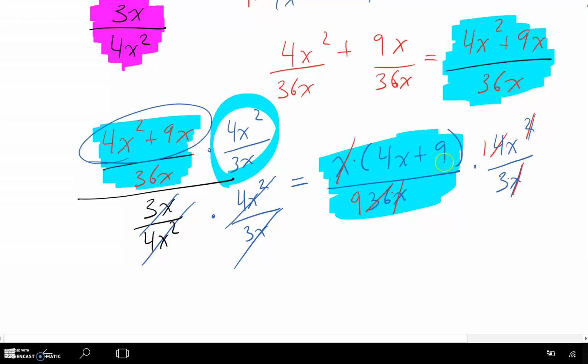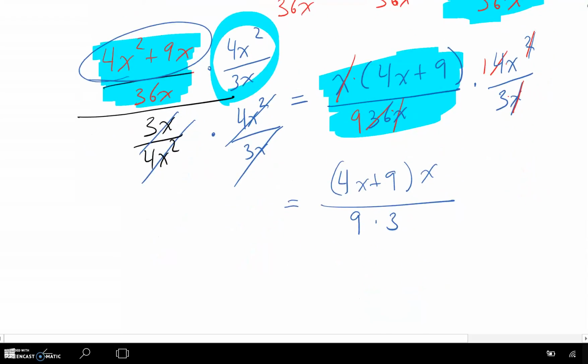So after all that canceling, the numerator is now just going to be 4x plus 9 times that x all over 9 times 3.